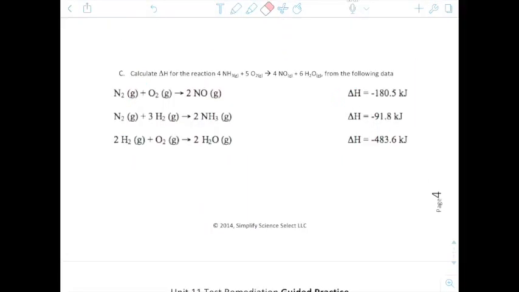Looking at this problem, it says calculate the delta H for the reaction. Remember that we have to look at our products minus our reactants.